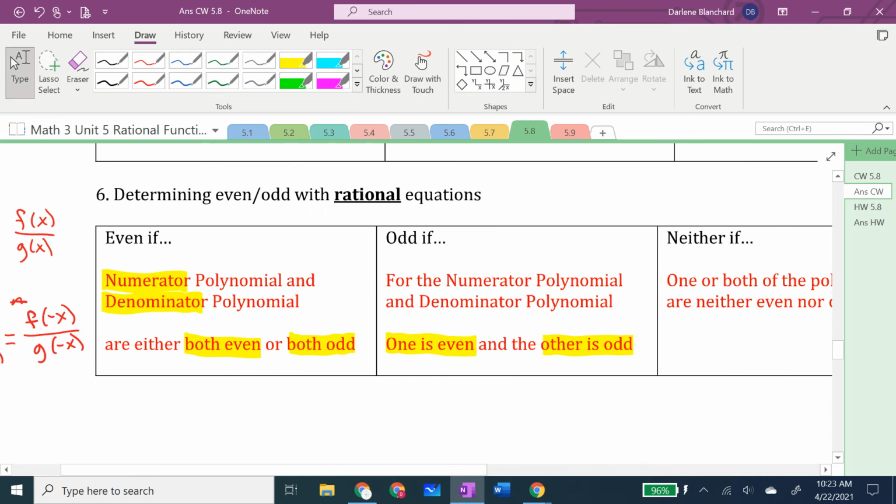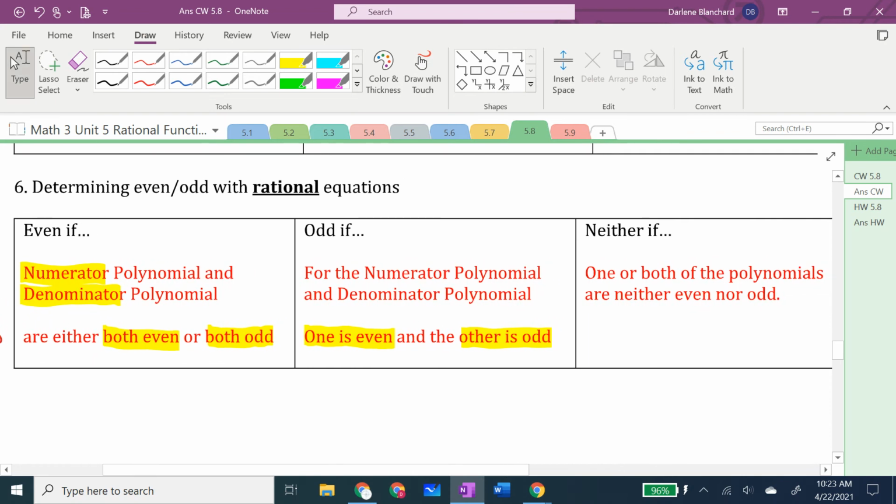Then when you go to the rational function, you have to determine even or odd for the numerator, even or odd for the denominator. You're only going to get neither if you come up with one or both polynomials being neither.